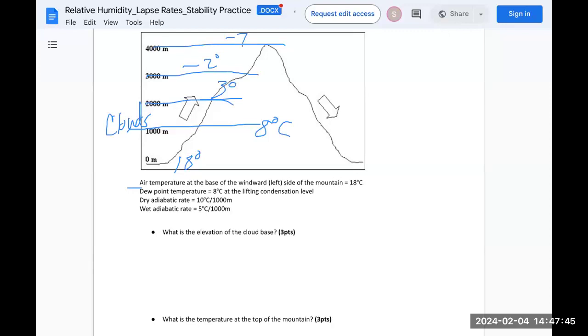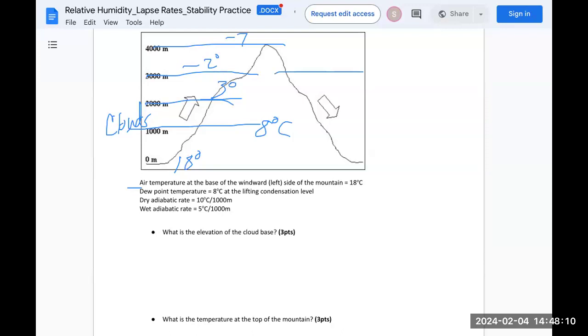Now, as the air mass moves over the mountain, it will deplete itself of much of the moisture, usually in the form of snow at the upper elevations. So when you come back down the mountain, the air will be dry and it will warm at the dry rate, which would be back to 10 degrees.